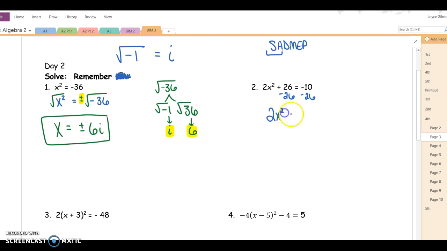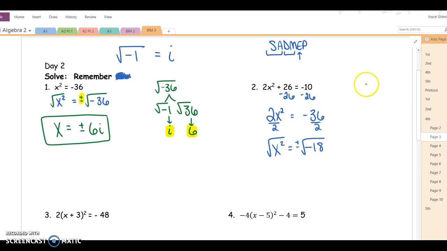So we have 2x squared equals negative 36. Then we would divide or multiply. So how do we get rid of that 2? Divide by 2. x squared equals negative 18. Then we deal with any exponents. How do we undo the square? Square root. Don't forget your plus minus.